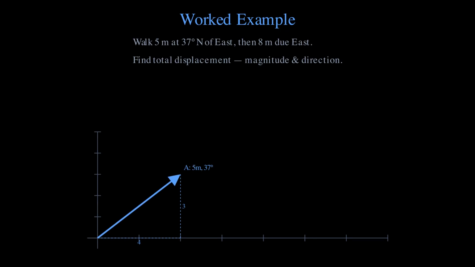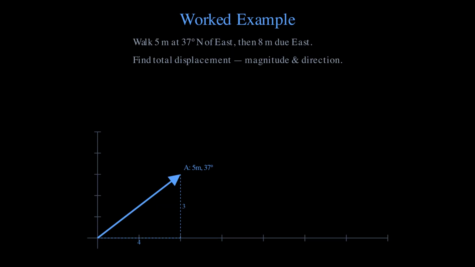First vector, magnitude 5 meters, angle 37 degrees. X component, 5 times cosine 37 degrees. That is 5 times 0.8, which equals 4 meters. Y component, 5 times sine 37 degrees.